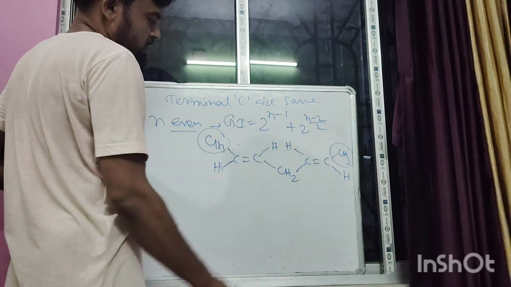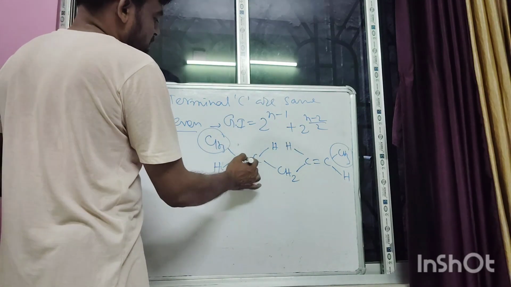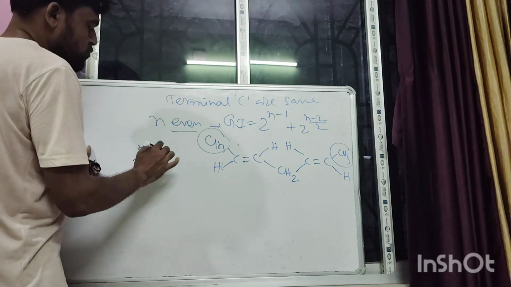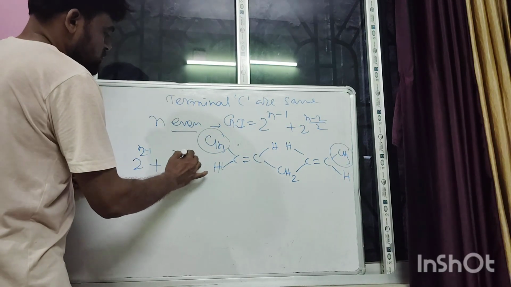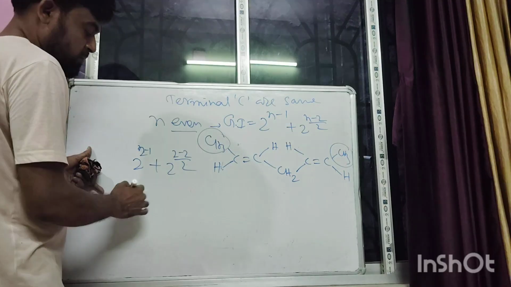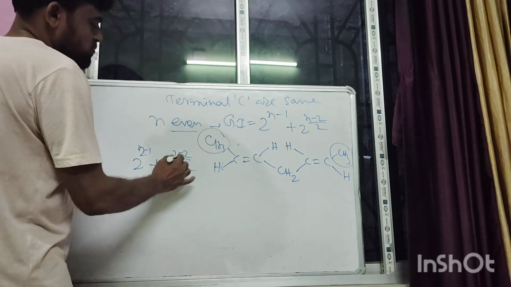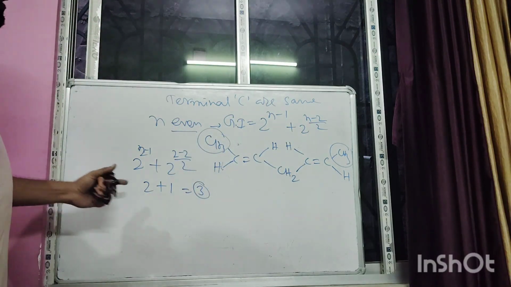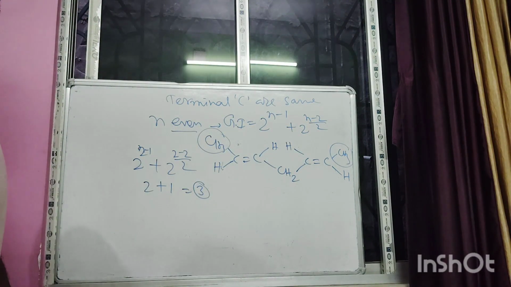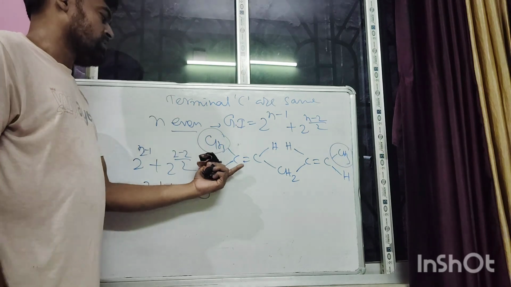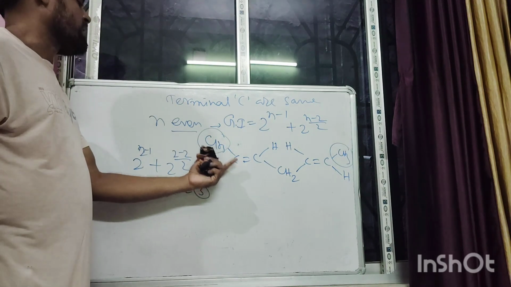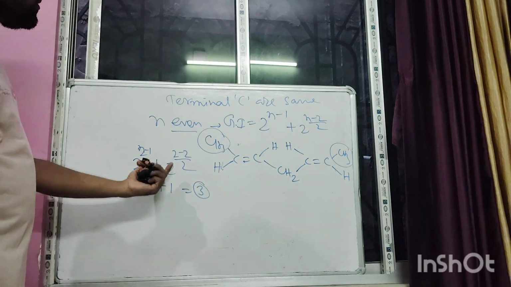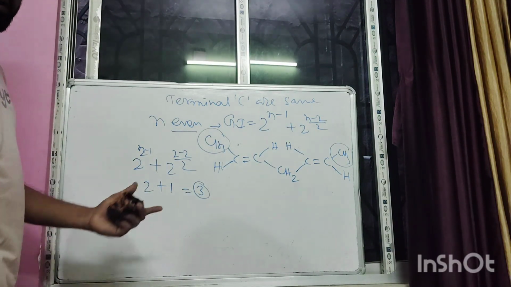So if we put n equal to 2, 2 to the power 2 minus 1 plus 2 to the power 2 minus 2 by 2, that is 2 to the power 1 means 2, plus 2 to the power 0 means 1, so the total number of isomers is here 3. In the case of this type of compound where terminals are the same and the number of double bonds is even, the total number of geometrical isomers formed is 3.